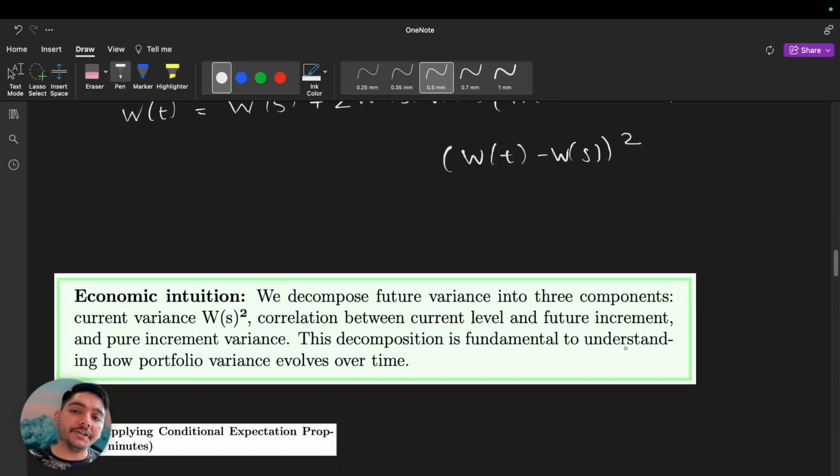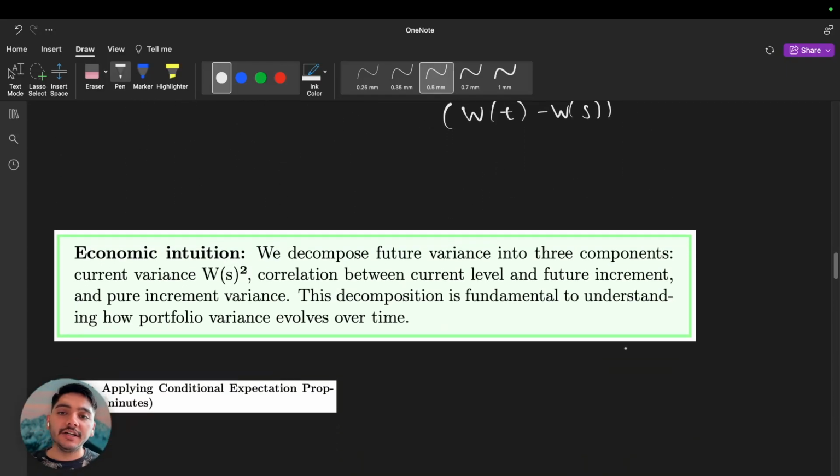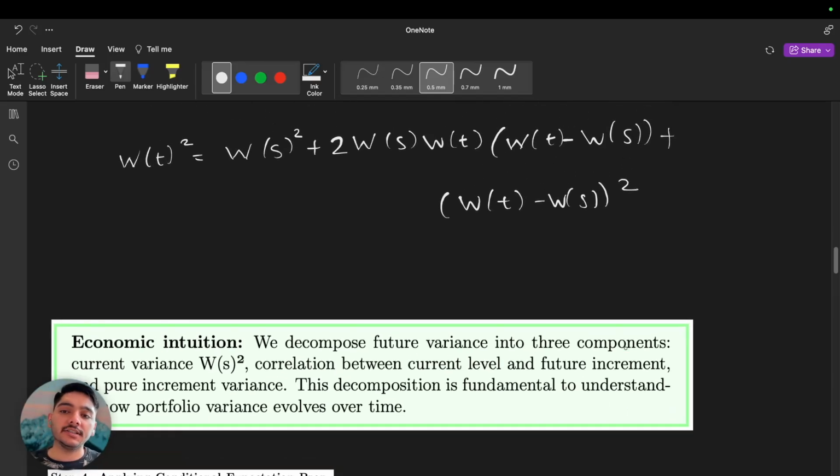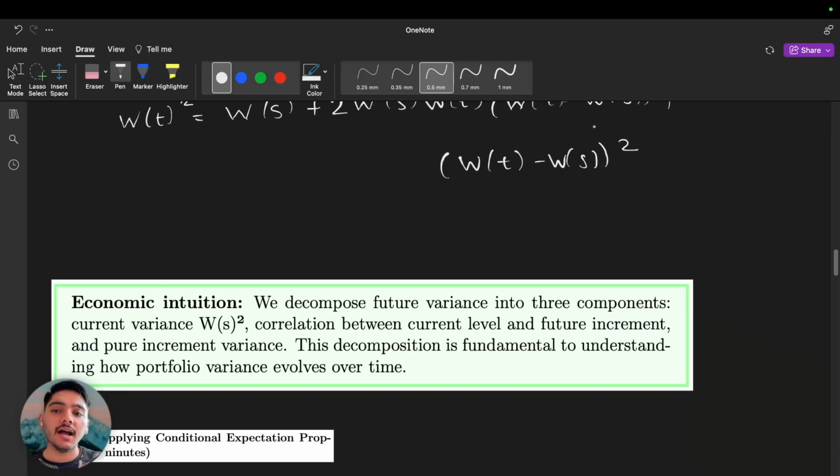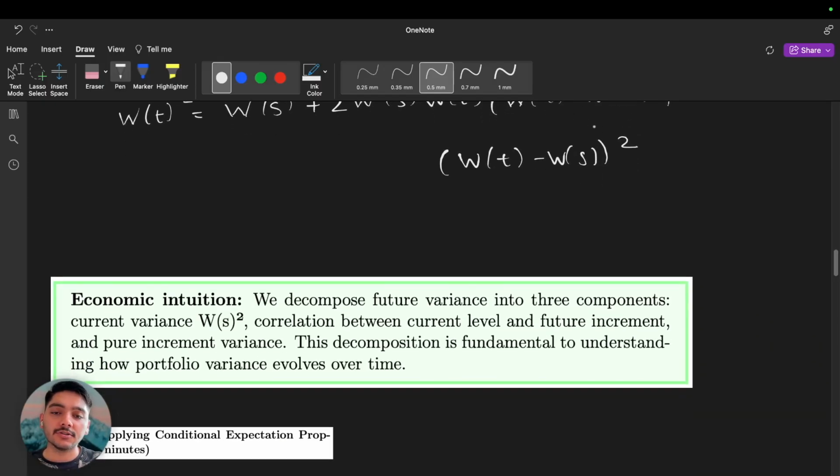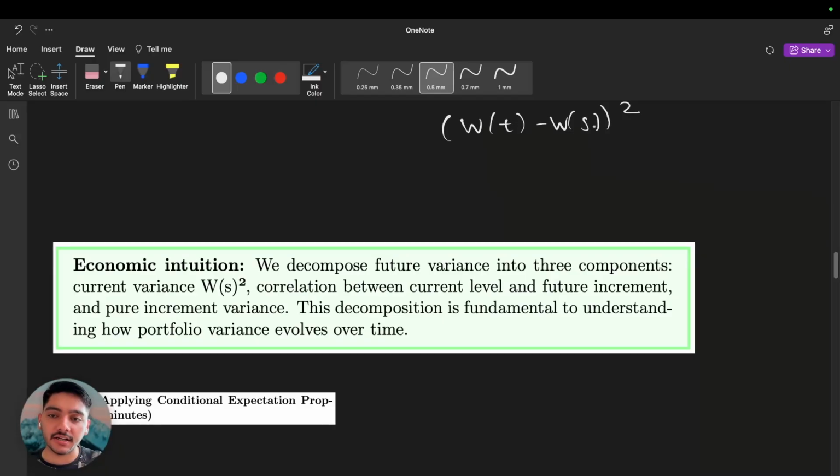So the economic intuition of this part is we decompose future variance into three components: the current variance Ws², correlation between current level and future increment, and the pure increment variance. This decomposition is fundamental to understanding how portfolio variance evolves over time.